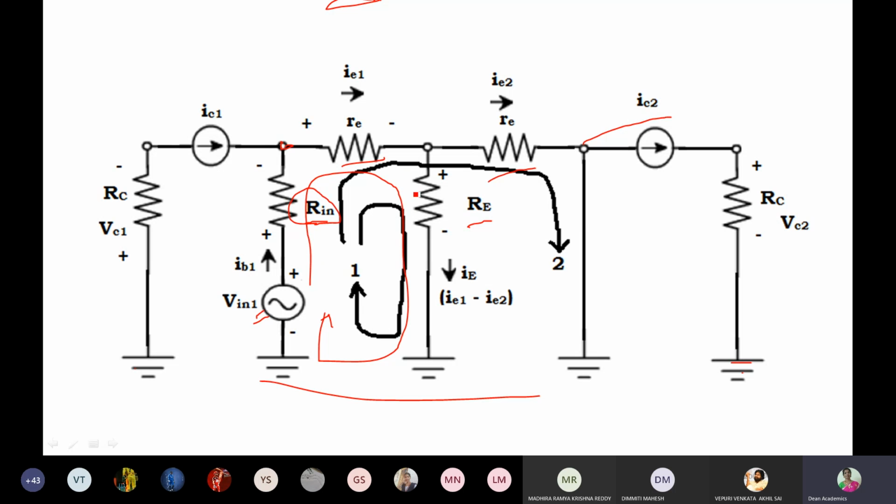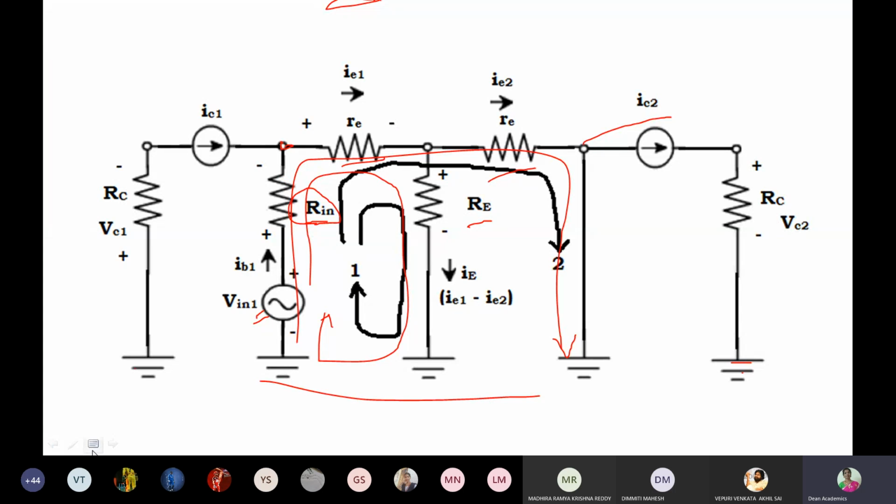Within this loop, if you write KVL, the algebraic sum of voltages in a closed loop equal to 0, you will get one expression, and again we start from here only. Like this I have extended this loop, that is loop 2. The same thing I have indicated in black color.